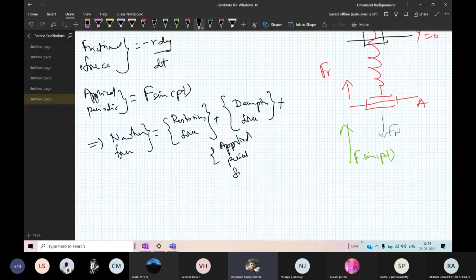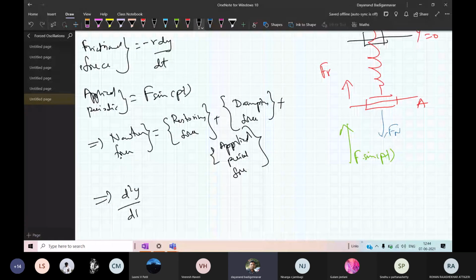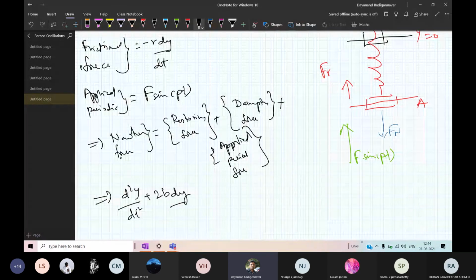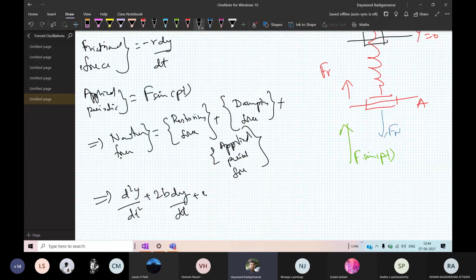If I do the substitution and rearrange it, I get the equation. So this is the equation you get for SHM.